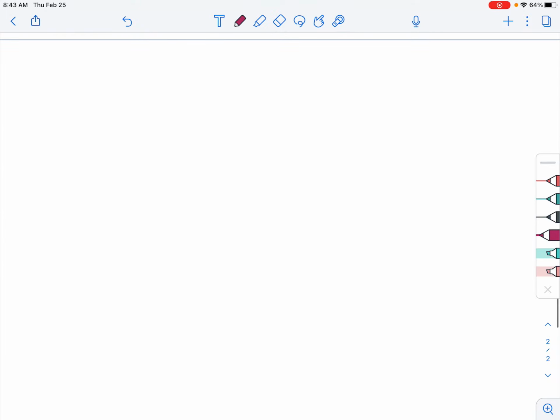First example, let's draw 3 pi over 4 radians. So now, if you are still more comfortable working in degrees, that's absolutely okay.